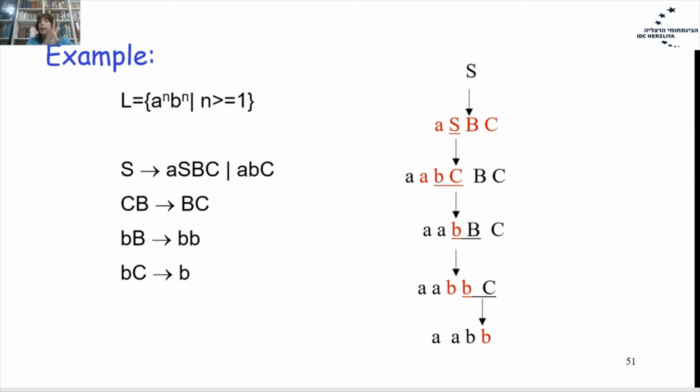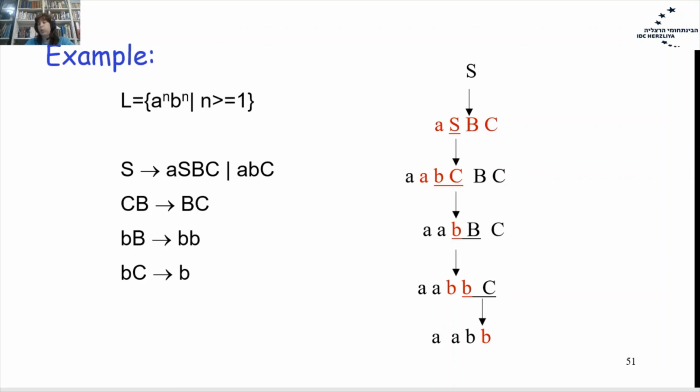Now we will take two symbols, terminal b and variable C, and we will use the rule and we will derive the terminal b. Now we will take terminal b with variable B and we will use the rule terminal b variable B and derive two terminals bb. Now once again we will use rule bC and we will derive a single b.